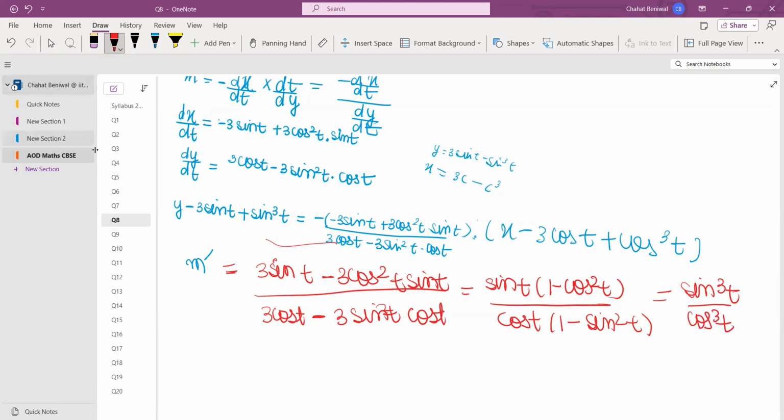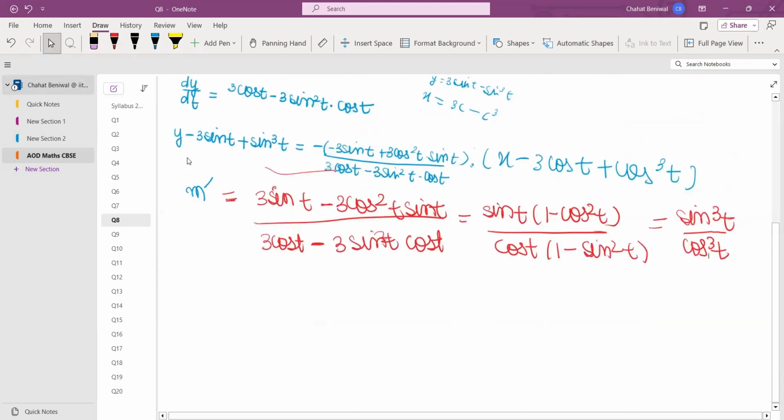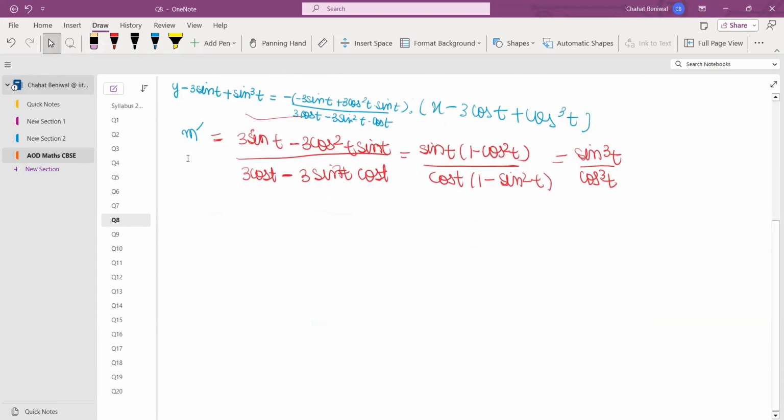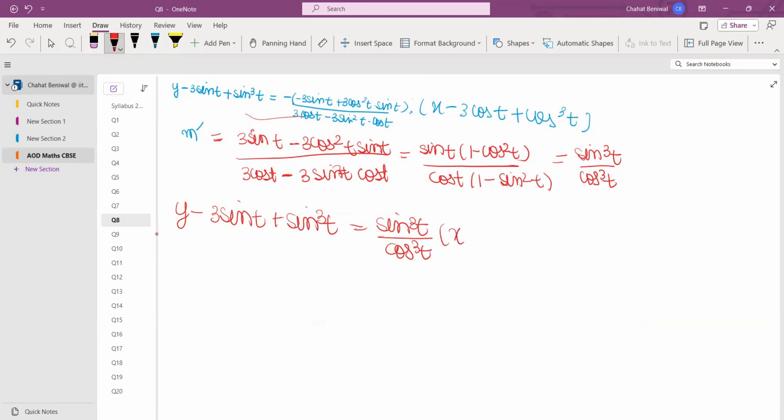So let us write our expression again. Okay. So y minus 3 sin t plus sin cube t is equal to sin cube t upon cos cube t, into x minus 3 cos t plus cos cube t.